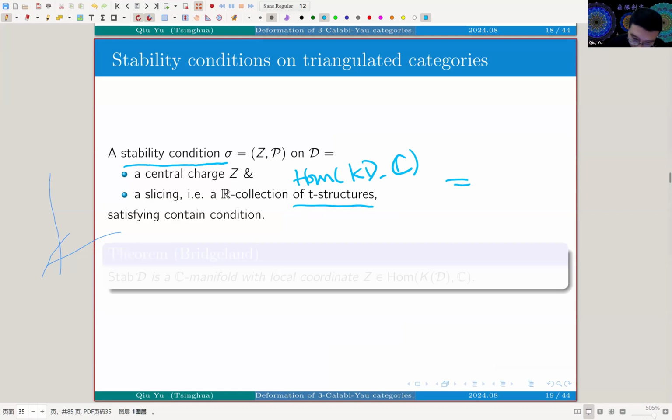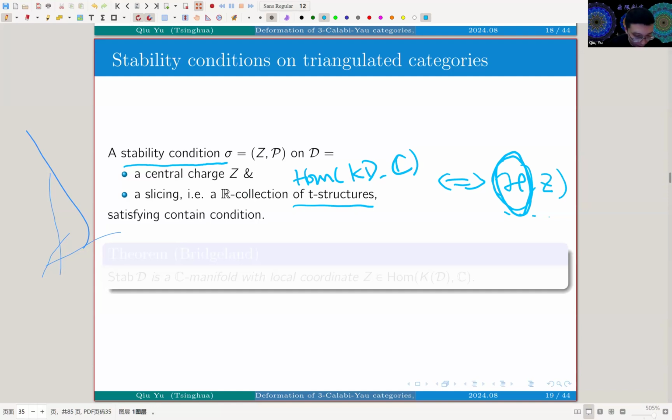Although, I mean, there's an equivalent definition where you only take one t-structure, take its heart, together with the central charge, but you need to satisfy certain conditions, which essentially tell you that, in fact, you have an R-collection of t-structures. So you can just take one copy or you can take R copies, it's equivalent.